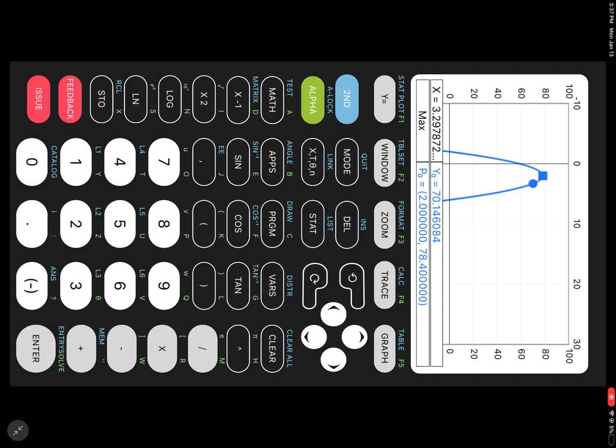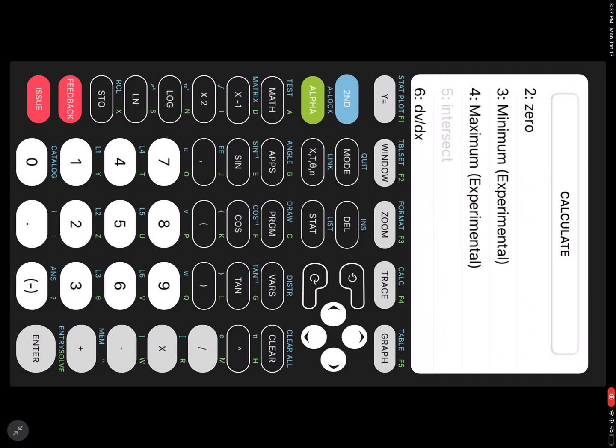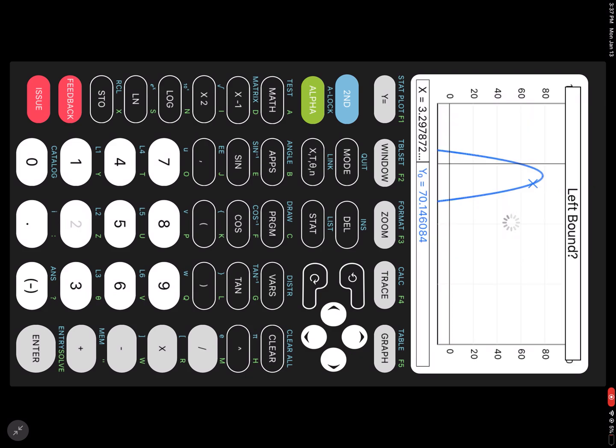At what time will the ball hit the ground? So that would be an x-intercept, so we go second trace again, do 0, which is our x-intercepts, and then we need to use the one that's on the right, because the ball started on that hill, they threw it, it fell down. We only really look at stuff that has positive time.